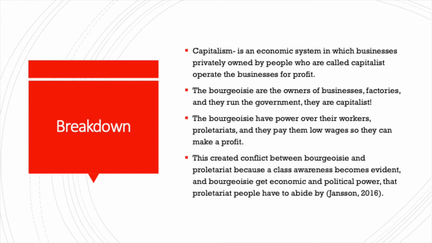The bourgeoisie have power over their workers, the proletariats, and they pay them low wages so their business can make a profit. This created conflict between the bourgeoisie and the proletariats because a class awareness became evident, and the bourgeoisie get economic and political power that the proletariat people have to abide by.